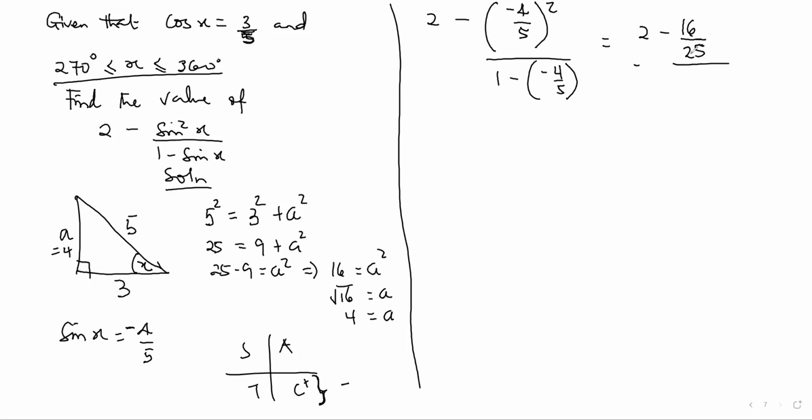All over, this gives you 1 plus, negative times negative is positive, 4 on 5. So let's still continue. This will be 2 minus 16 on 25 divided by this: 5 times 1 is 5 plus 4, 9 over 5.